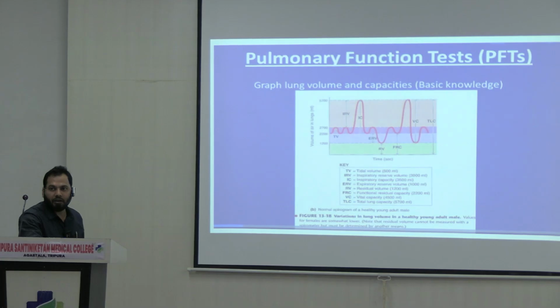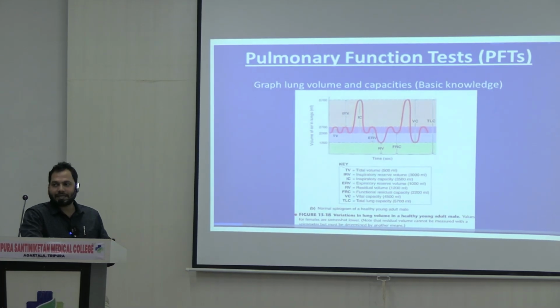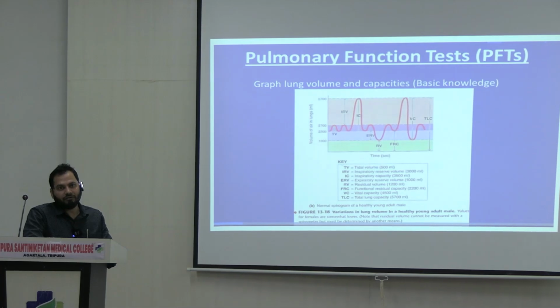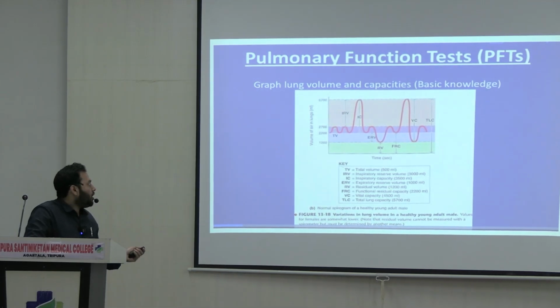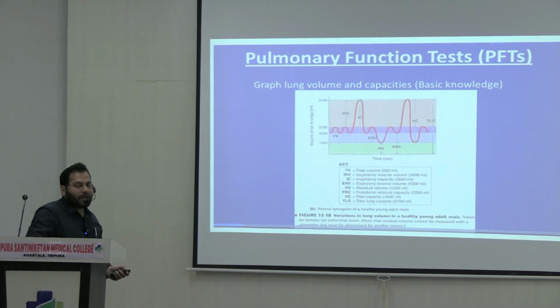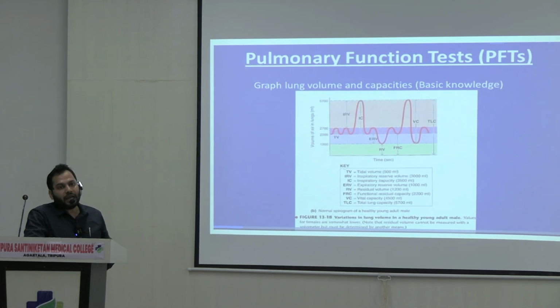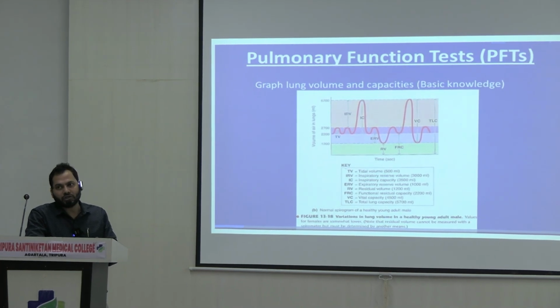Now, what is the meaning of tidal volume and what is the amount of tidal volume for healthy persons? Obviously, the tidal volume defines the normal inhalation and normal exhalation process.